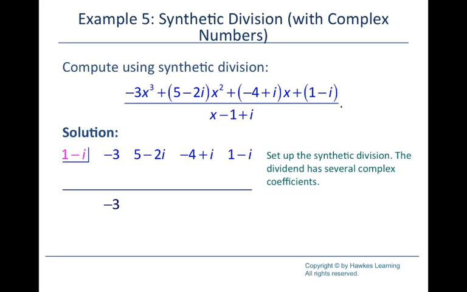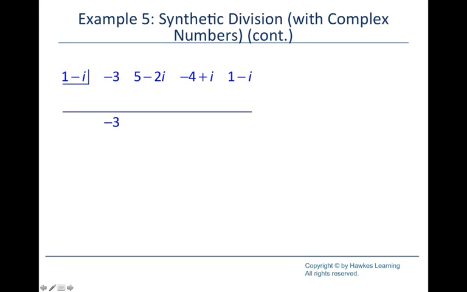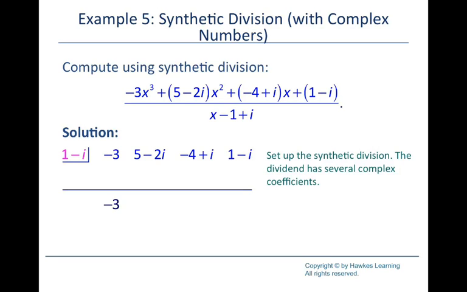you notice it's not minus 1 plus i, or it's not 1 plus i, it's 1 minus i. Well, why is that? The reason is that we have conjugates. What we're going to divide by is either going to be 1 plus i or 1 minus i. Those are the complex conjugates that could be zeros.